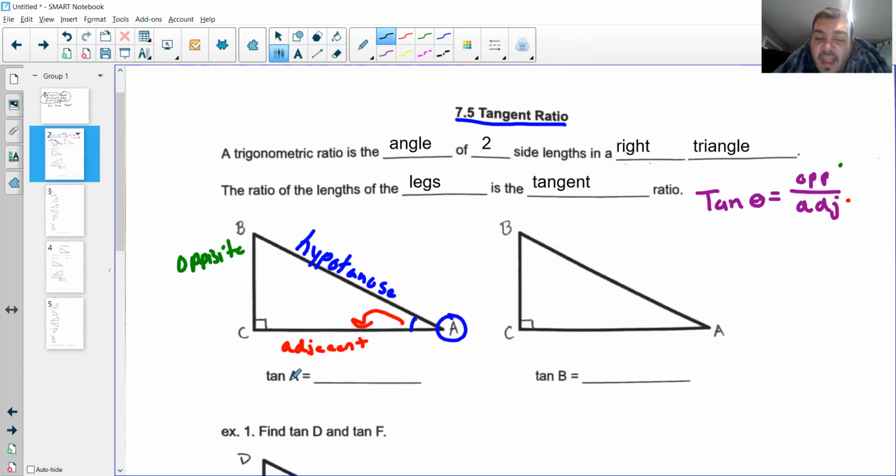So when I say tan of A here, it's going to be the ratio between the opposite and the adjacent side. The opposite side here is BC divided by the adjacent side, AC.